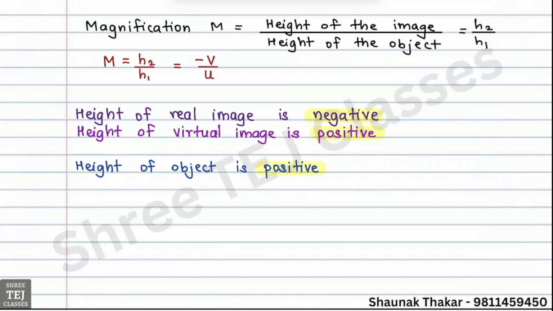Now, important thing you should always remember is while substituting the values in the formula, be it the mirror formula or the magnification formula, you should always substitute the values along with their respective signs. If the value is, let's say, plus 3, substitute plus 3.